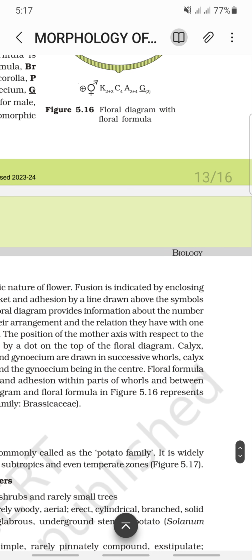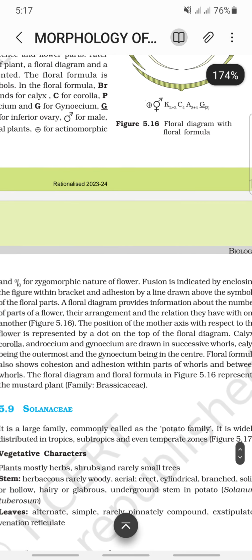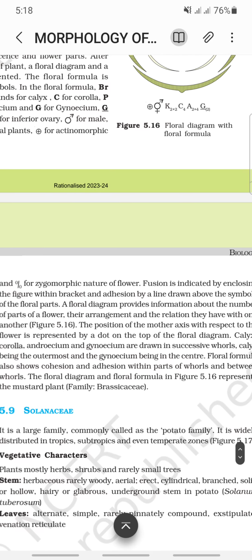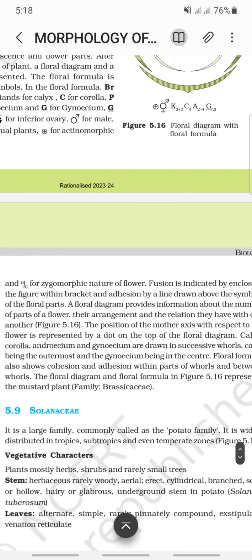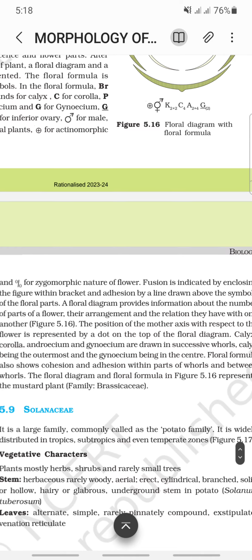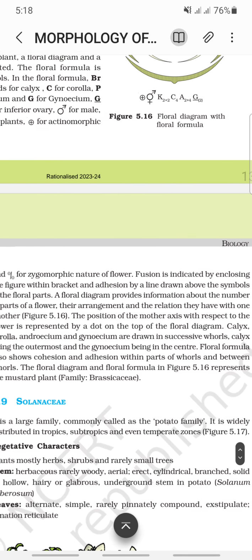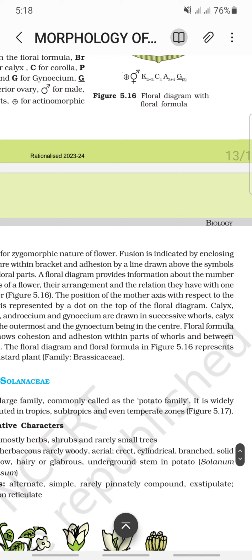Fusion is indicated by enclosing the figure within brackets, and adhesion by a line drawn above the symbols of floral parts. A floral diagram provides information about the number of parts of a flower, their arrangement, and the relation they have with one another. The position of the mother axis with respect to the flower is represented by a dot on the top of the floral diagram.